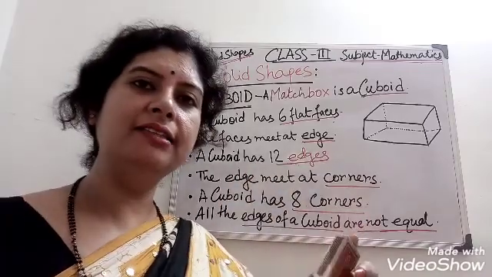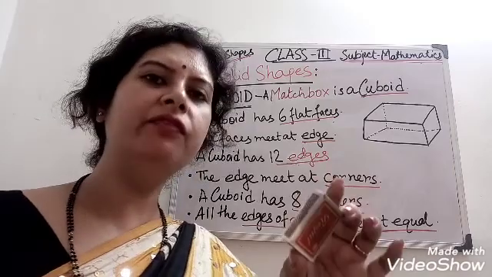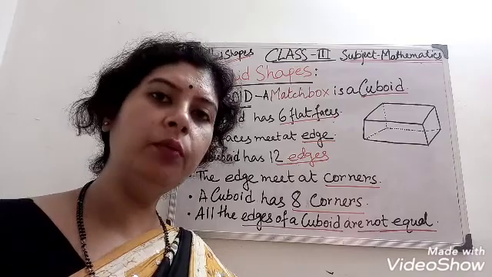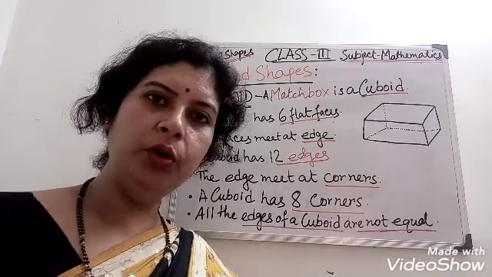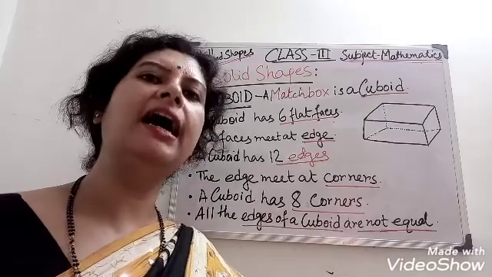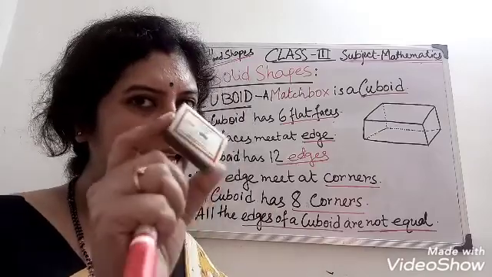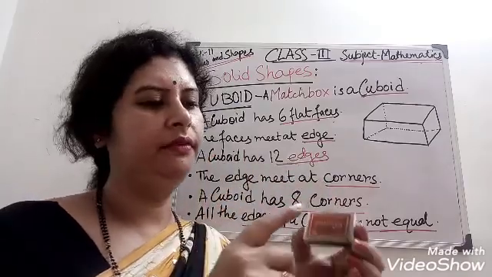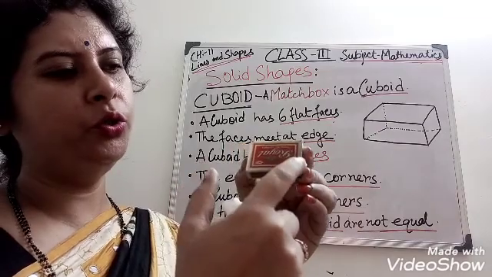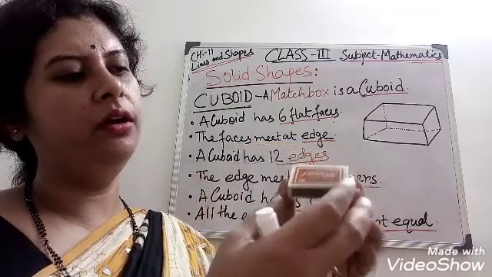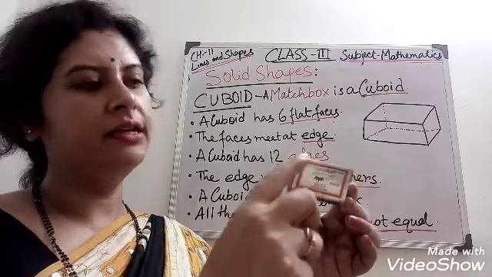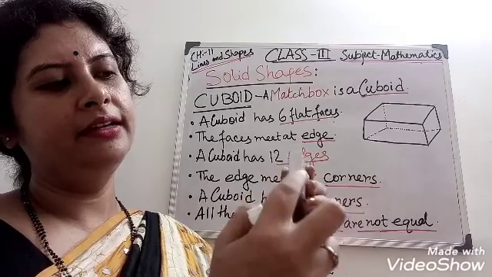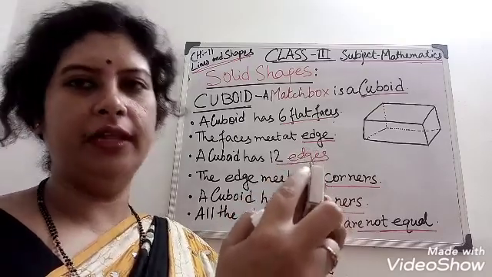A cuboid has, same as cube, 12 edges, but the difference between the cube and cuboid is, in a cube 12 edges are equal, but in case of a cuboid 12 edges are not equal. 1, 2, 3, 4, 5, 6, 7, 8, 9, 10, 11, 12.